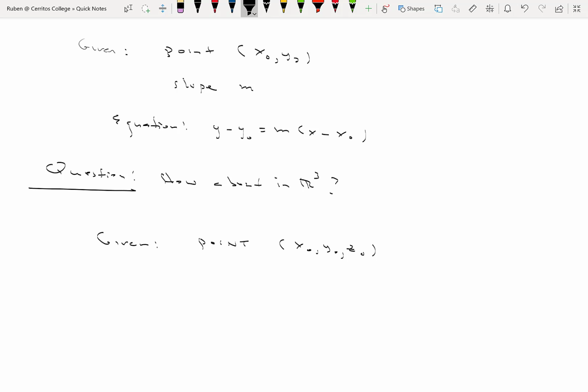There's no such thing as this concept of a slope, which is rise over run, going into lines for R3 though. So what do we replace the concept of a slope, rise over run, with in Calc 3?